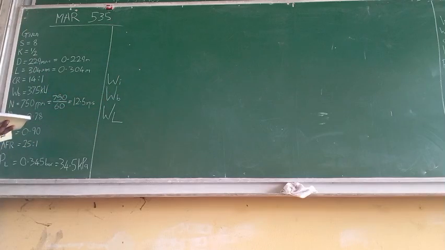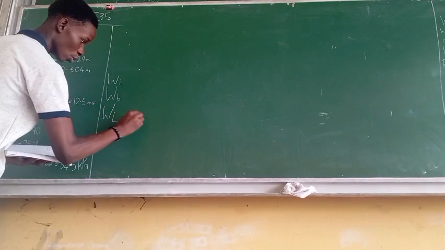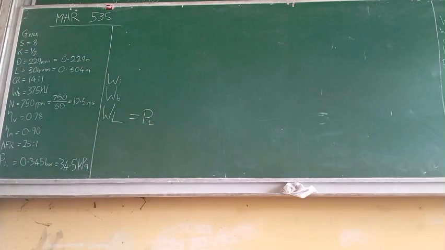So the pressure for the pumping loop is your PL, which is equal to 0.345 bar. And we are solving for pressure in kilopascals, so you multiply your answer in bar by 100 to give you 34.5 kilopascals.